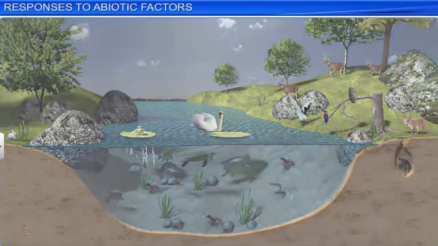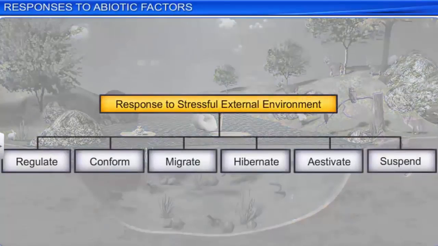Sometimes, stressful external conditions may be localized or have a short duration. In such situations, organisms may migrate, hibernate, estivate, or suspend to survive.